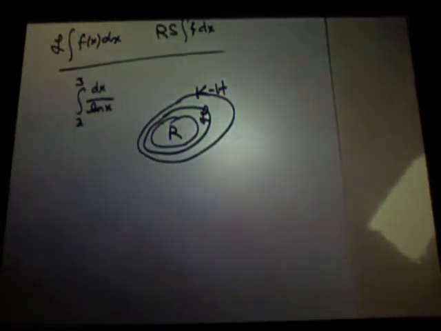Evaluate the function at the tag point. Multiply that by the width of the subinterval. And add all that up. And you watch what happens to that grand total as the norm of the partition goes to zero. That is to say, the bases of all these rectangles are forced to get smaller and smaller. If that approaches a limit, you say that the Riemann integral exists, and it is that value.